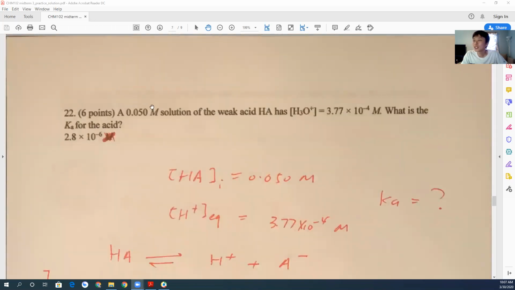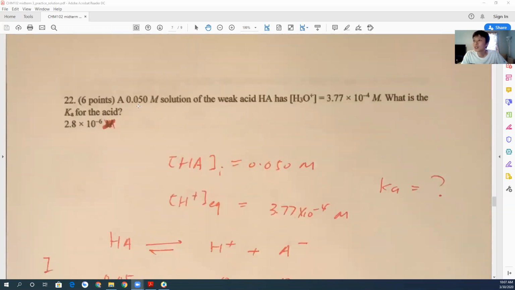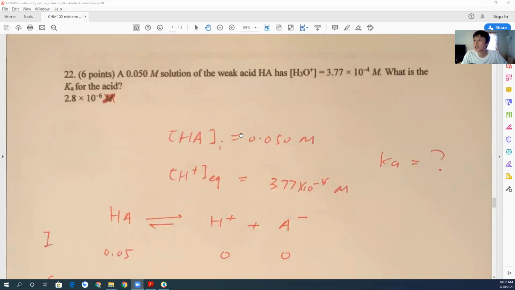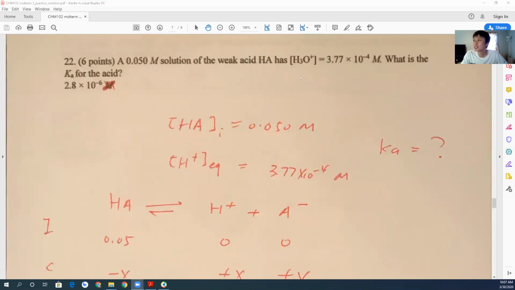All right, for the second one, we have a weak acid with this proton concentration, and they ask for the Ka value. This is pretty straightforward. We can convert this proton concentration into this ICE table.